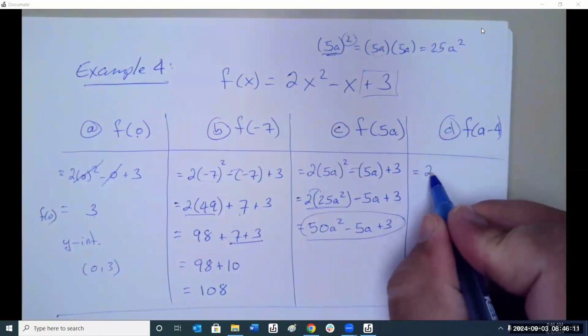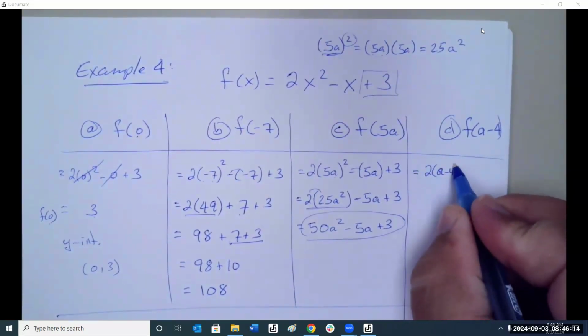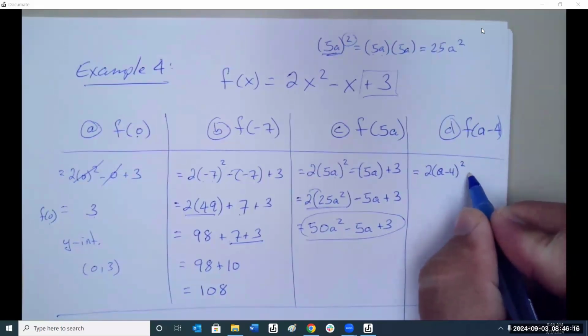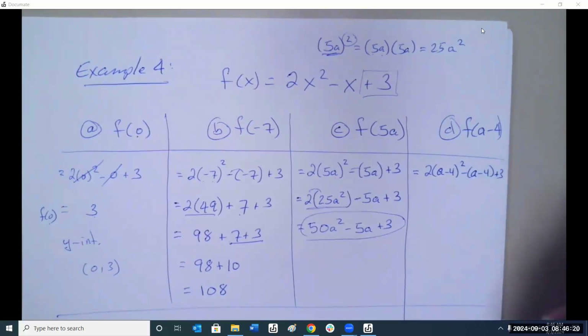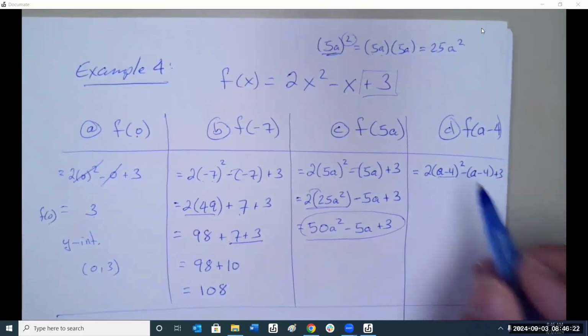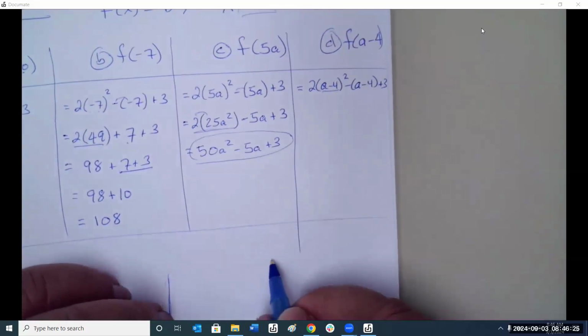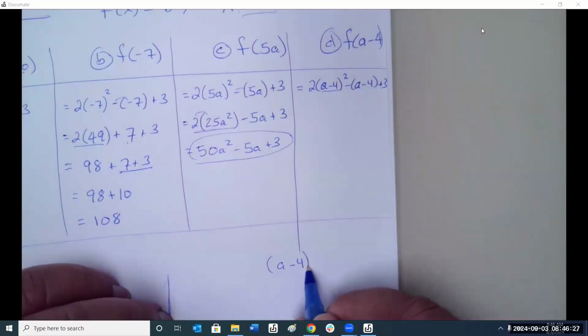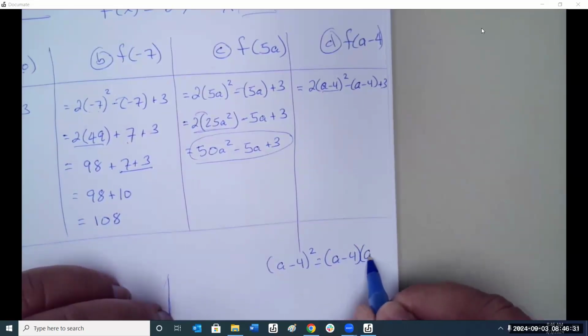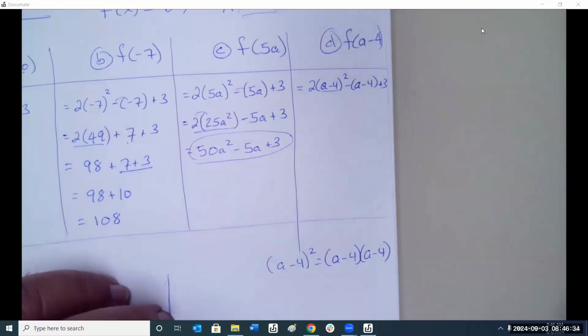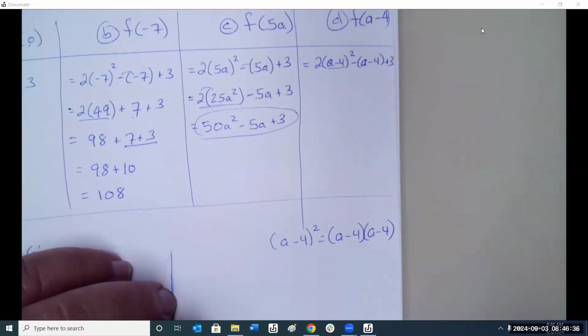So this one says 2 times a minus 4 squared minus a minus 4 plus 3. So a minus 4 squared means a minus 4 times a minus 4. Again, we haven't talked about distributivity property in the binomial sense, but y'all have heard of FOIL technique.